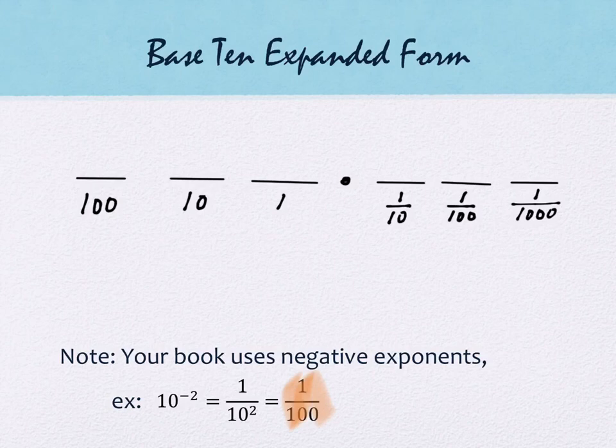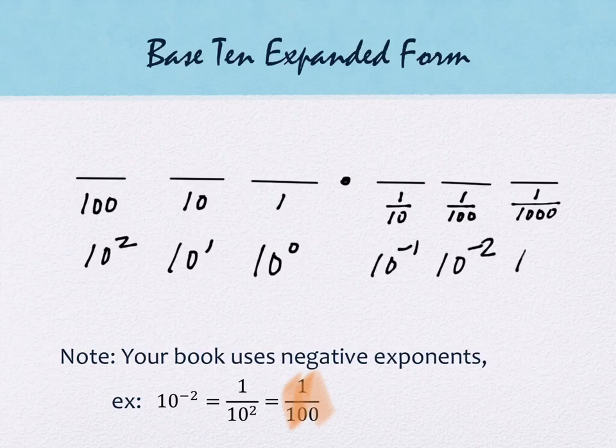So it has this sort of nice pattern to it, right? Because what I could do is write that this is 10 to the 0, and this is 10 to the 1, and this is 10 squared, and I can go the other direction, and this is 10 to the negative 1, and 10 to the negative 2. There's this wonderful sort of patterning in it, but I don't think that it leads to you feeling like you really know what that value means quite as well as the fractions.